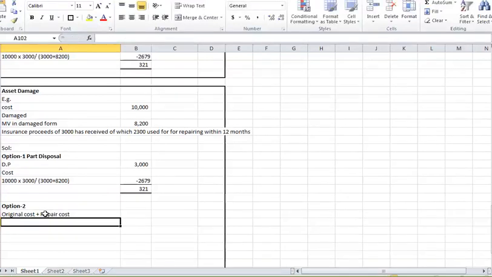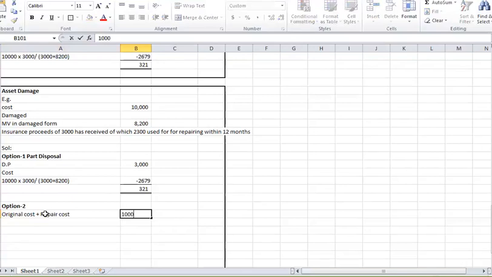So this is your total cost. You have purchased this asset for £10,000. You have incurred cost for the repairing, and repair cost is £2,300. So this is basically your total cost: £12,300.